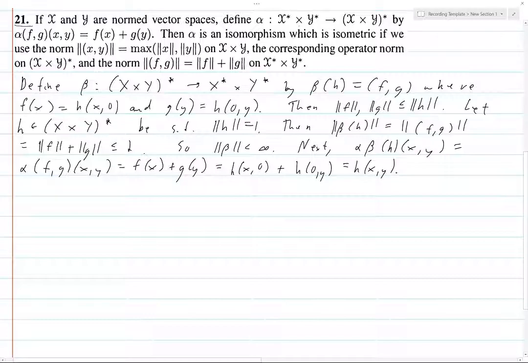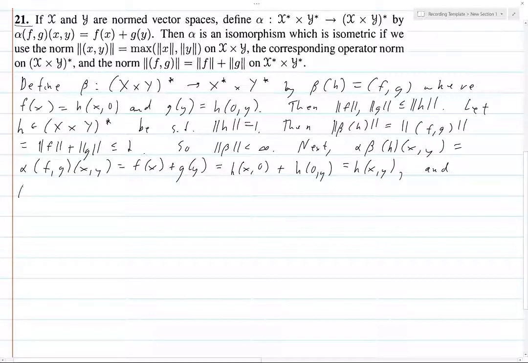It would probably be best to write that out fully, but it's not too difficult. You just do the straightforward thing. You inherit it from the linearity of the other things. So this, you plug in an h and an (x, y), and you get h(x, y).